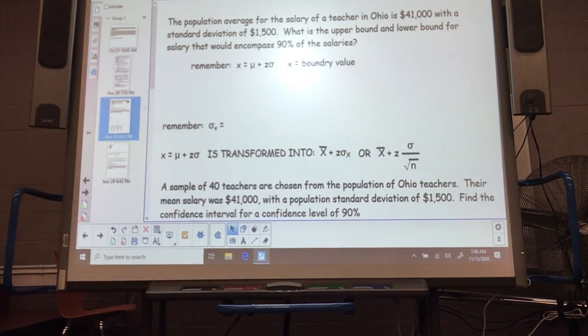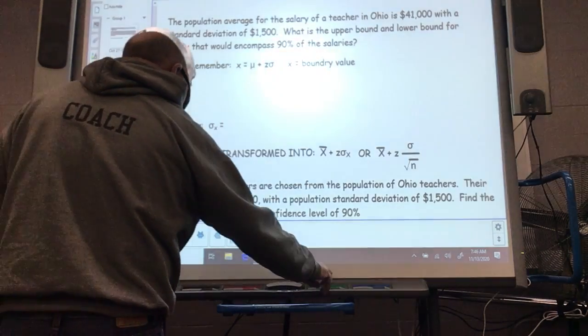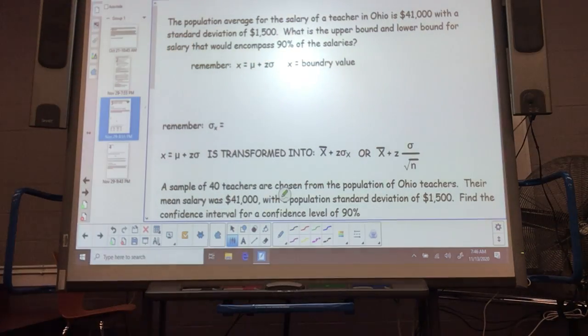The population average salary for teachers in Ohio is $41,000 a year with a standard deviation of 1,500. What's the upper bound and lower bound for that salary to encompass 90% of the salaries?